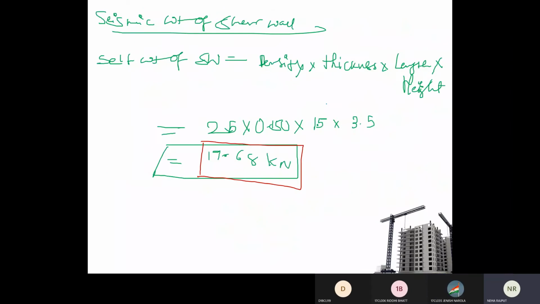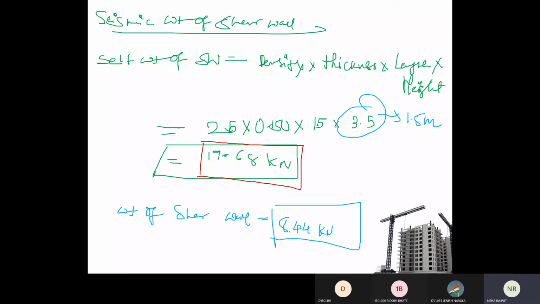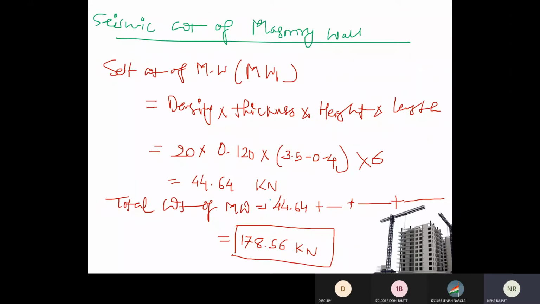Yeah, chalo. Now is there any change in shear wall? Yes. Here also you need to consider 1.5 meter. So what will be weight of shear wall? 8.44. Right, so this is weight of shear wall. Any change in masonry wall?